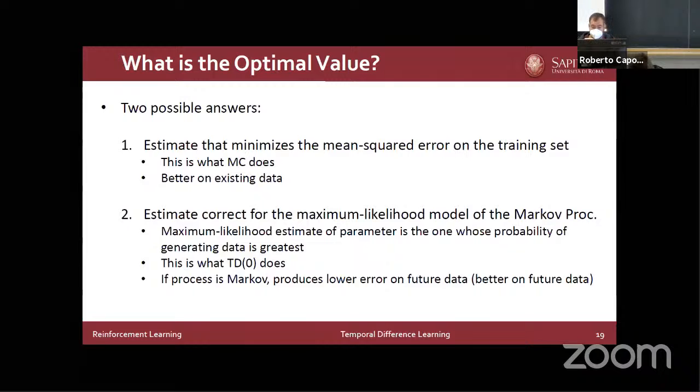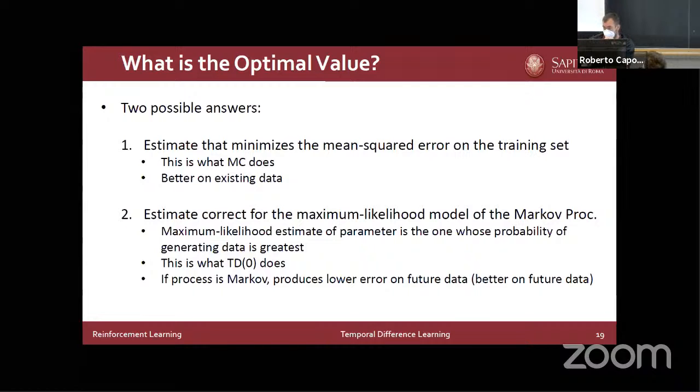The other possible answer is the estimate that is correct for the maximum likelihood model of the Markov process. The maximum likelihood estimate is the one whose probability of generating the data is the greatest. And this is what temporal difference methods do. So this also implies that, if the process is Markov, with temporal difference methods we are producing lower error on future data.